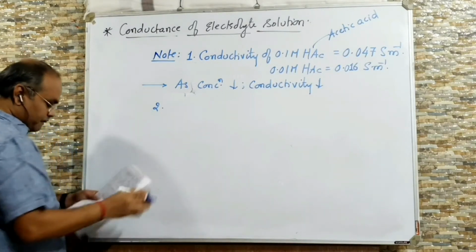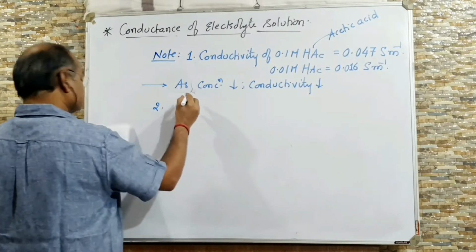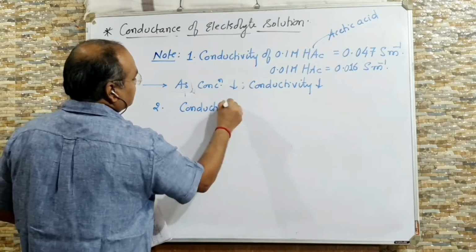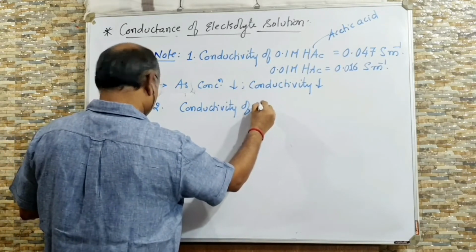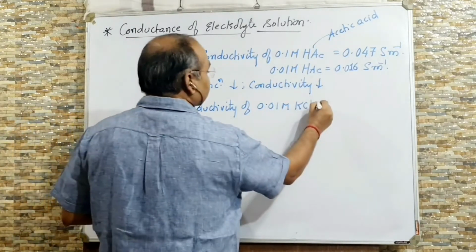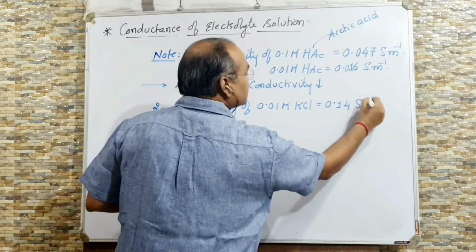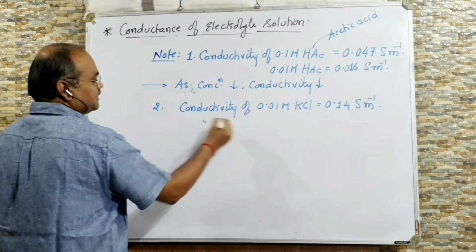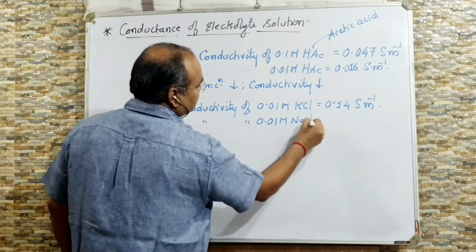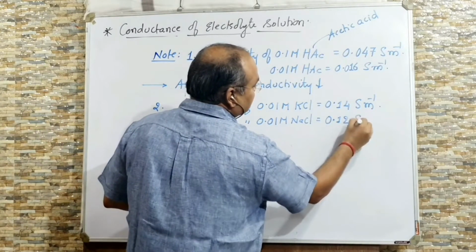Note number 2. Conductivity of 0.01 molar KCl solution is equal to 0.14 Siemens per meter, and conductivity of 0.01 molar NaCl is given as 0.12 Siemens per meter.